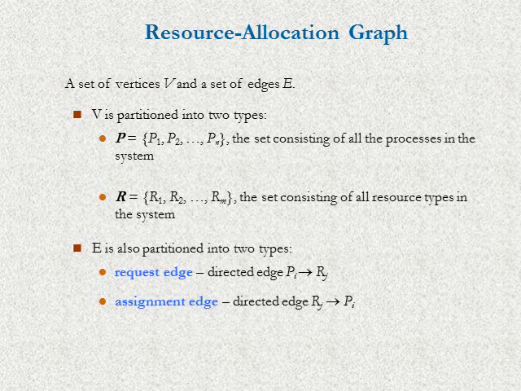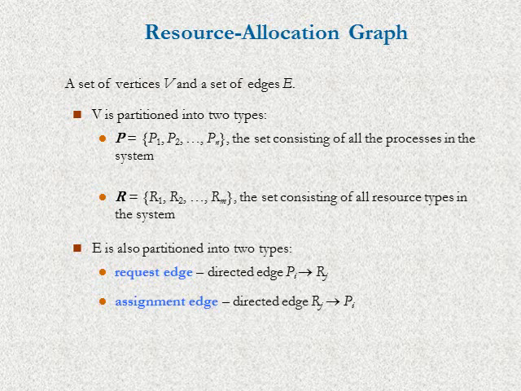Alright, so let's start discussing the resource allocation graph. In this algorithm, we usually reflect our processes and resources through vertices and edges. In such systems, we have two types of vertices.